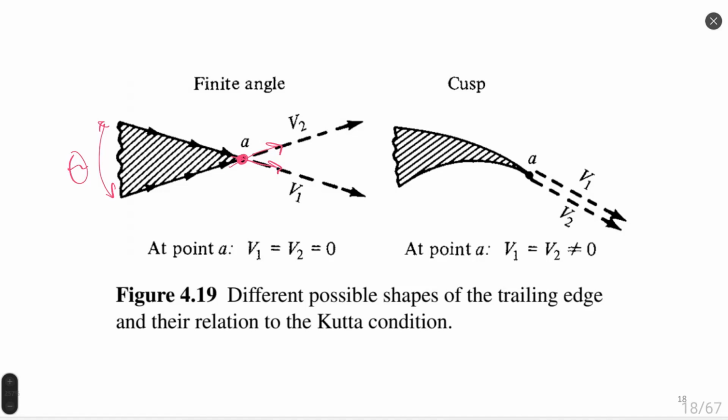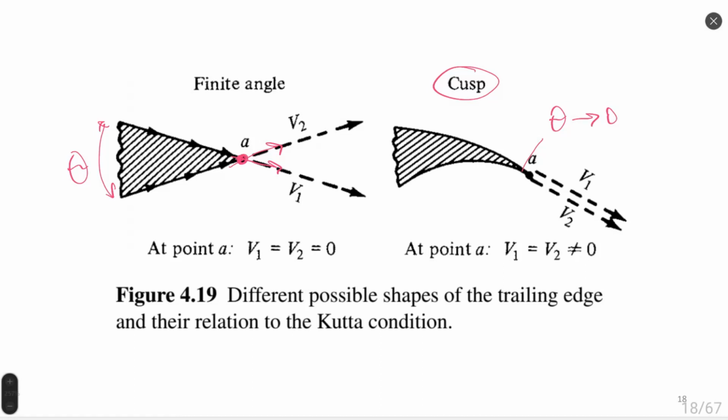And there is second case, which is cusped, where this angle theta is 0. Okay, it's sharp. It's a sharp, extremely sharp, very small angle, or it is limited to 0. Okay, goes to 0. In such case, velocities from the top and from bottom surface of airfoil are parallel.